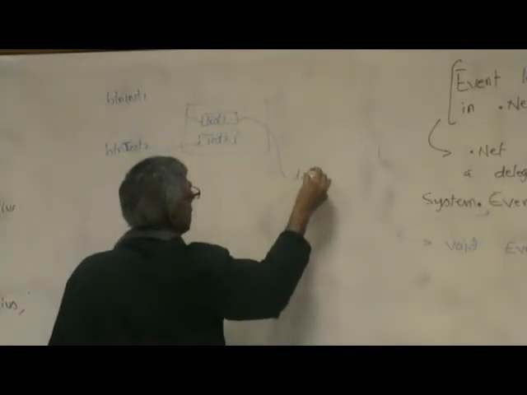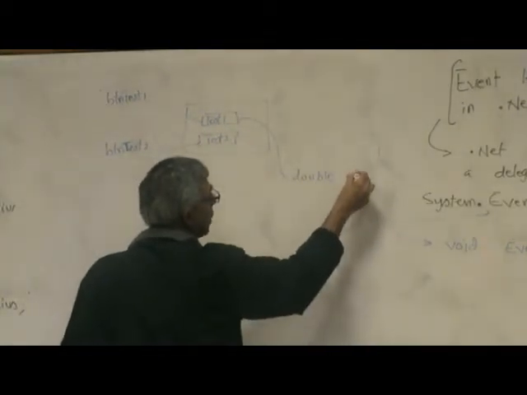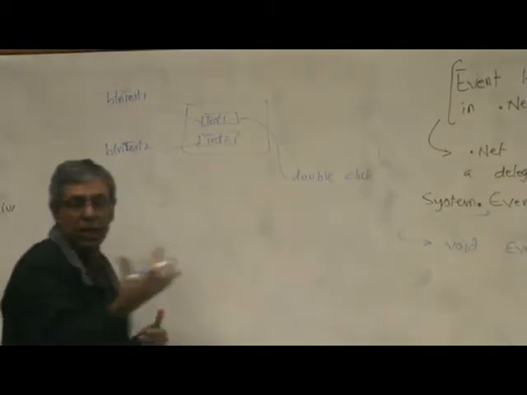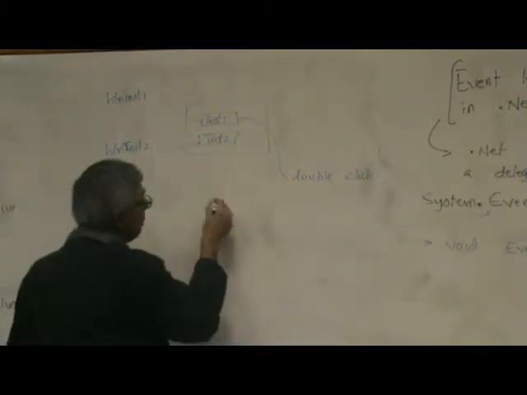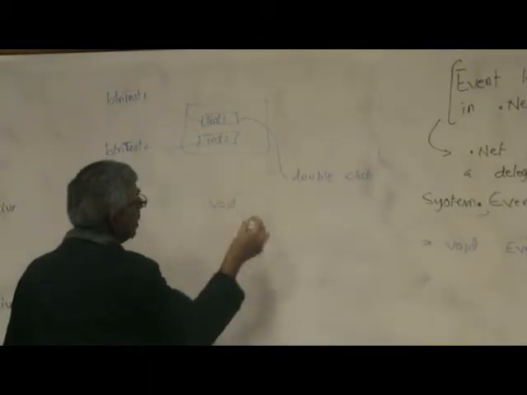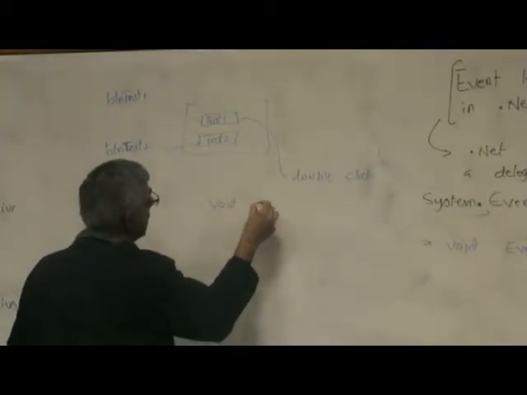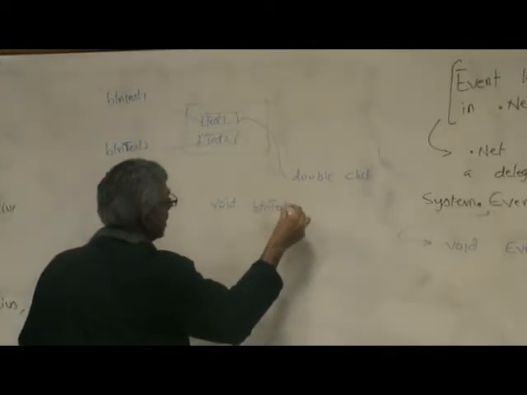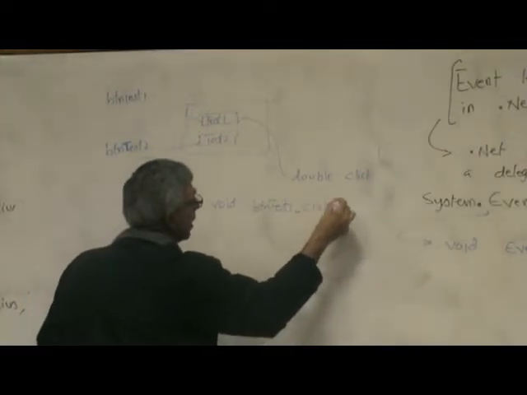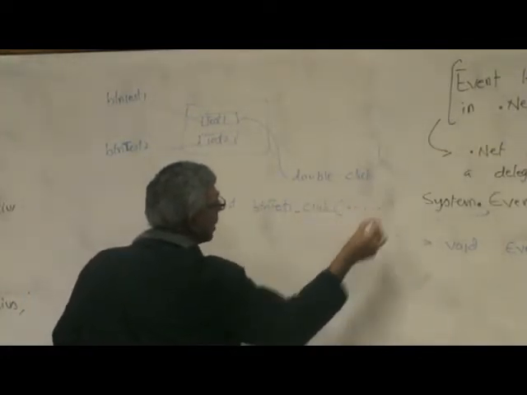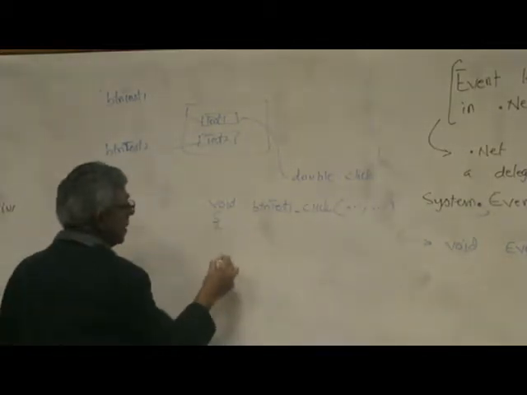Once you double click on it, it takes you to the code area of the form, correct? And if you examine it, I'll go to the computer in a minute and show it to you. Once you examine it, what will it look like? It will look something like this: BTN test 1 underscore click. It will have a couple of parameters over here, right?